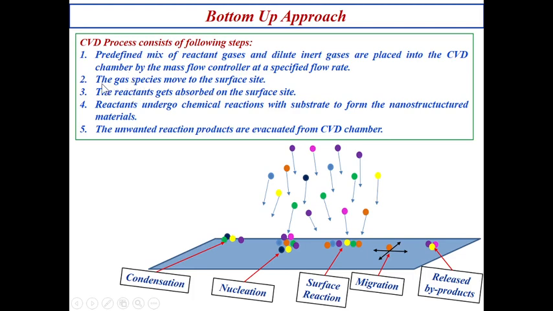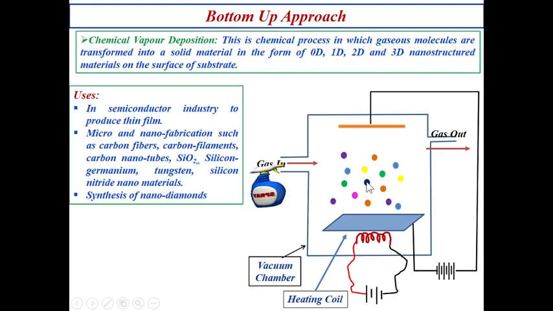The precursor materials in the solution form, the gas species, means precursor material, dilute inert gas, reactant gas, and all others mixed together and formed a gas phase, and that gas is fluxed into the vacuum chamber.